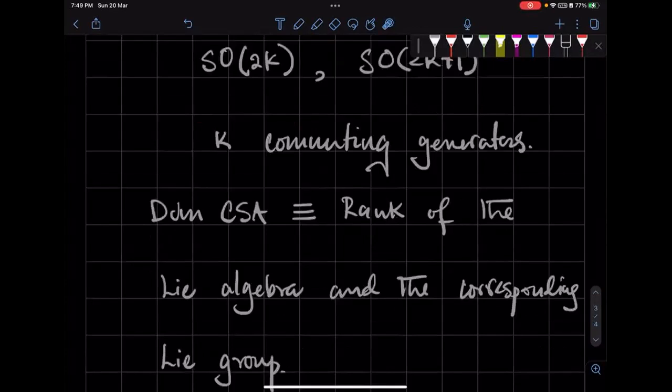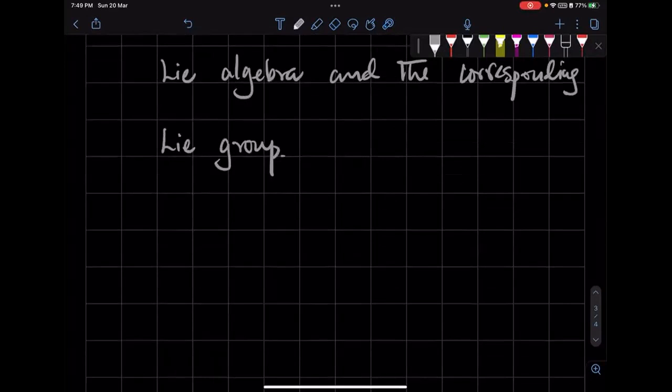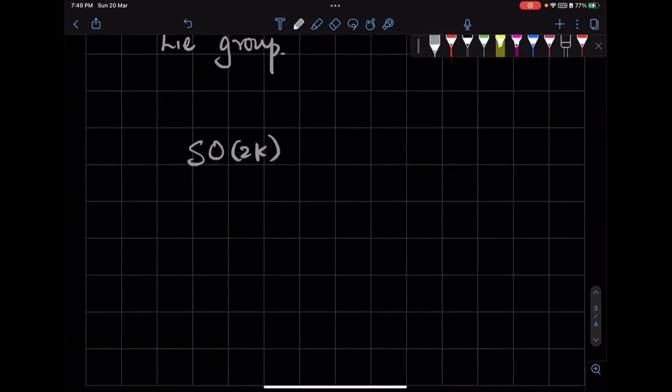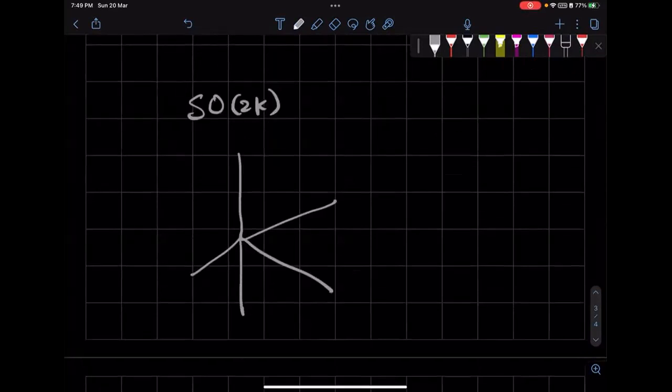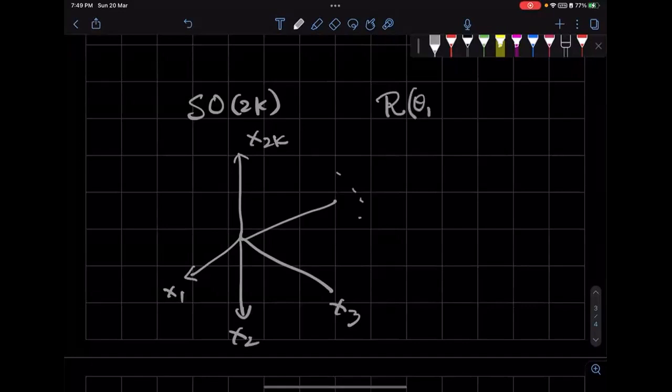And how did we manage to figure that out? Because for SO(2k), we are in some 2k dimensional space, right? So there are 2k dimensional orthogonal axes, x1, x2, x3, dot dot dot x2k. And we find that if we do a rotation in the x1 and x2 axes, and a rotation in the x3 and x4 axes, then they should all commute, right?